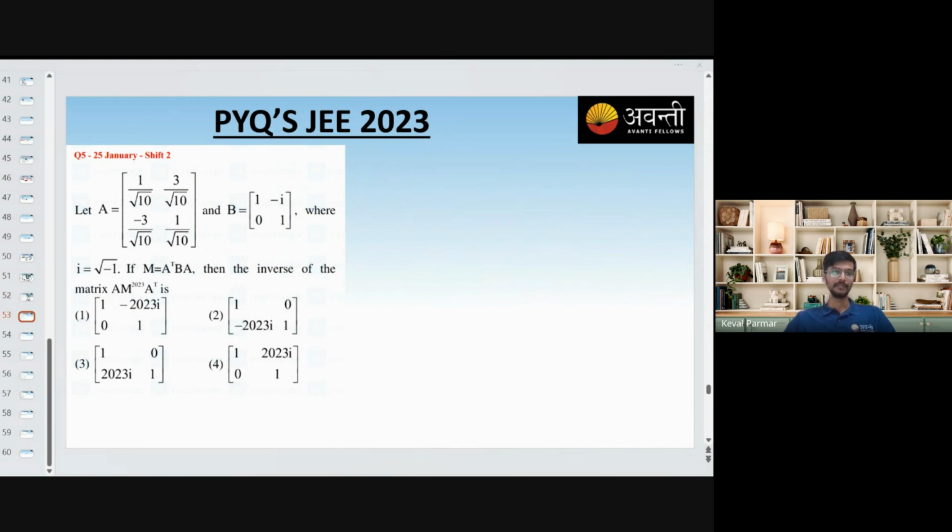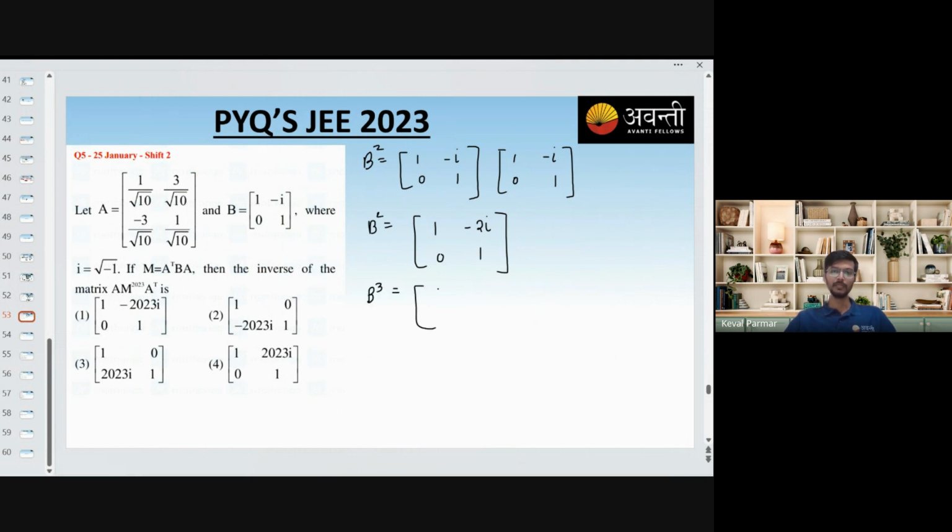So let's find its value. What is B? B is given as 1 minus I, 0 1. So what will be B square, guys? It will be B into B. So if I try to open it, 1 plus 0, 1, minus I, minus 2I, 0 0 0, 0 1 1. This is B square. What will be B cube?